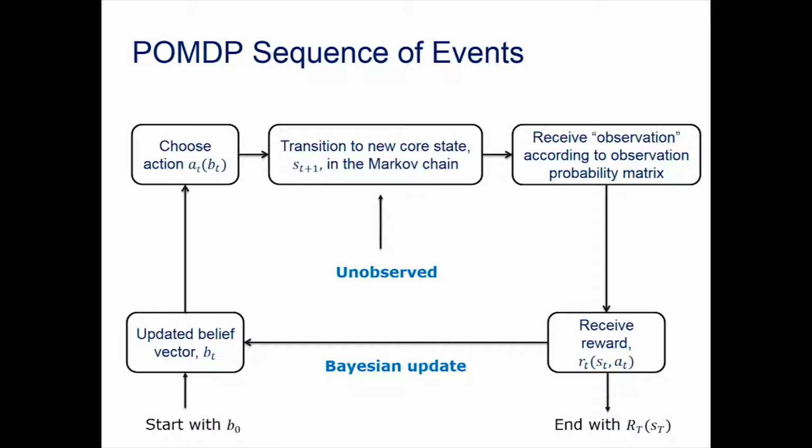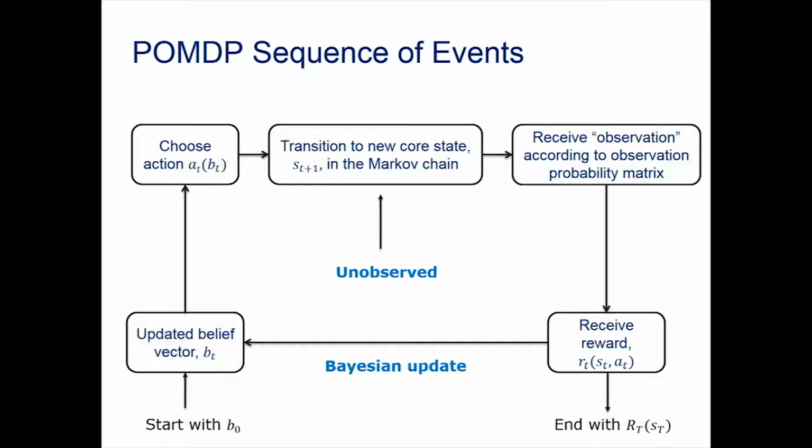There's a transition that occurs. Of course, this is unobserved, but there's a transition according to a transition probability matrix. There's an observation that's received, so that could be one or more biomarkers or test results that provide some information, and then a reward.